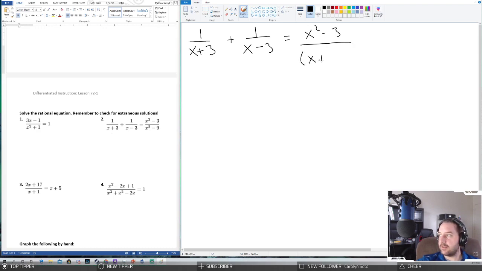So I'm going to say that that's (x plus 3)(x minus 3). So for us to be able to get rid of the denominator, we need to multiply by what's inside the denominator. So I have x plus 3, so I'm going to multiply everything by x plus 3.